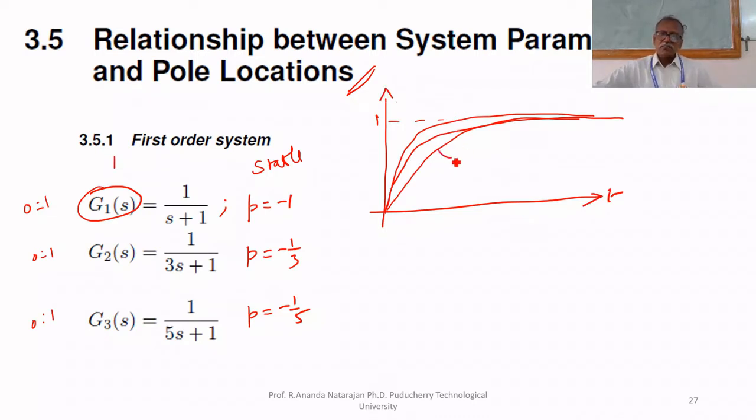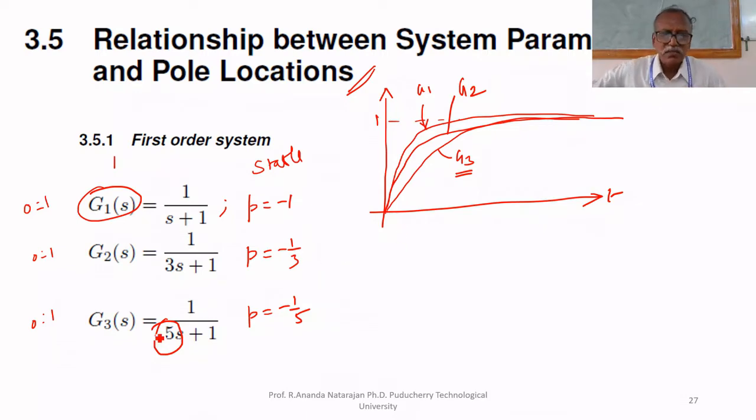This is G3, this is G1, this is G2, this is G3. G3 takes a long time to settle because the time constant is large.